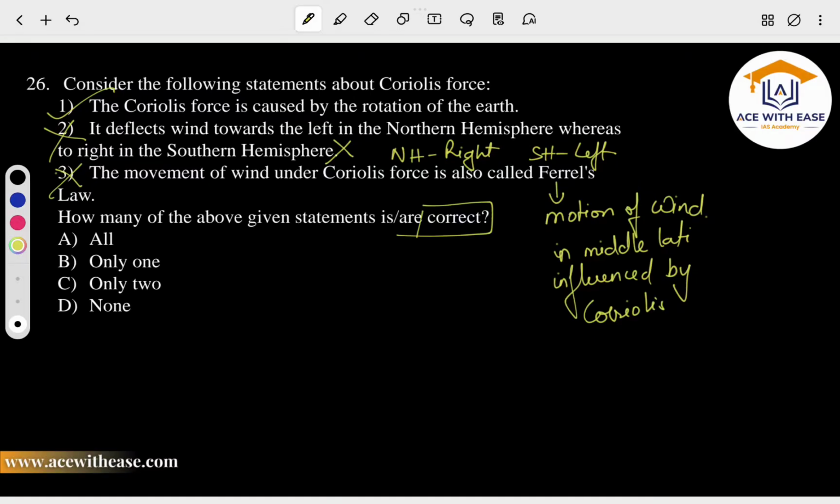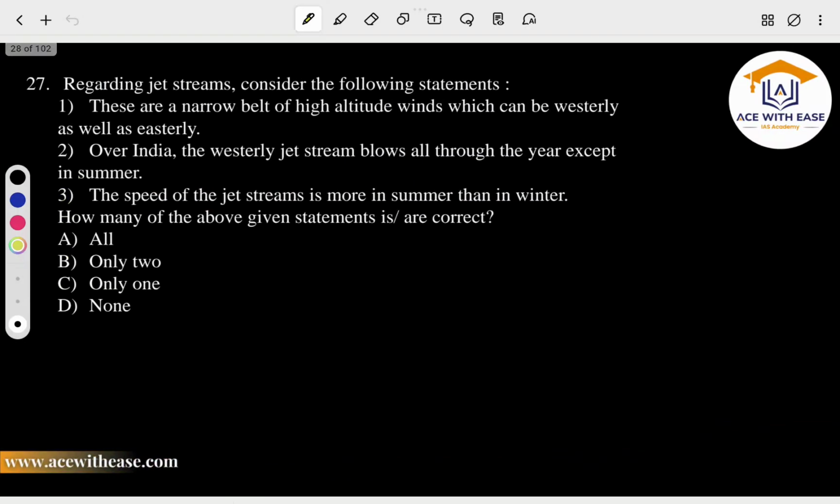So the movement of wind under Coriolis force is not called Ferrel's law; Coriolis force is different and Ferrel's law is different. Which of the following is correct? The first statement is correct, whereas the next 2 statements are found to be different. Only one.